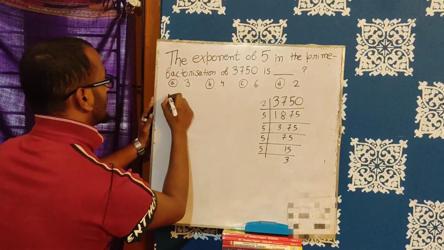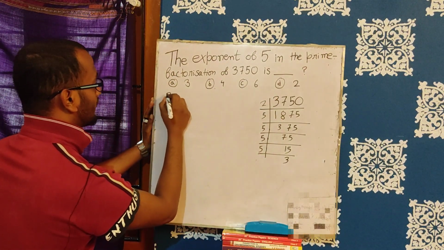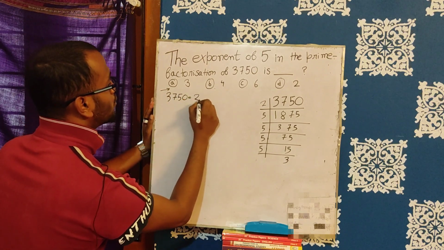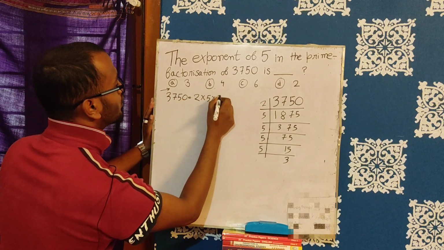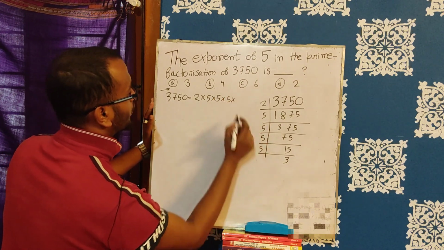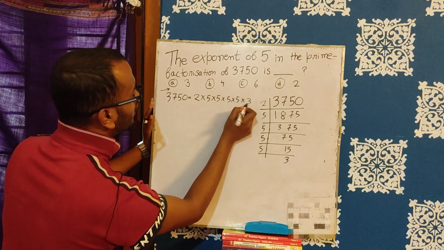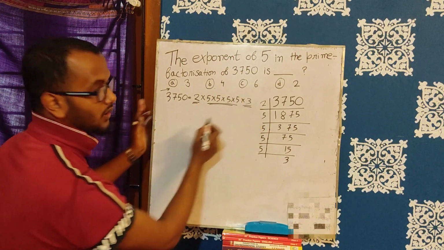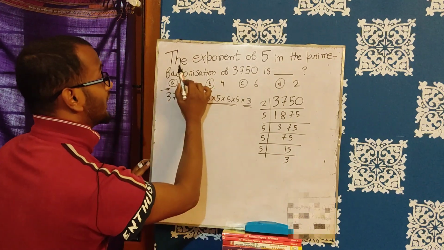Now simply we can write 3750 is equal to 2 into 5 into 5 into 5 into 5 into 3. There are four 5s. Now what they are asking is the exponent of 5.